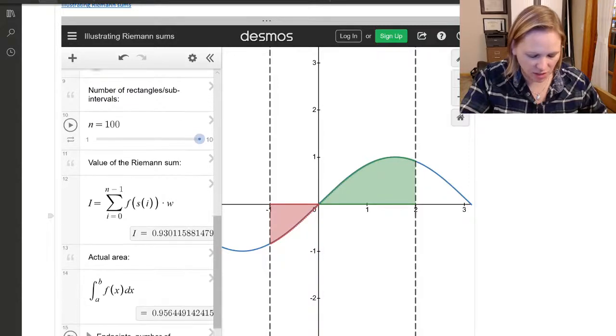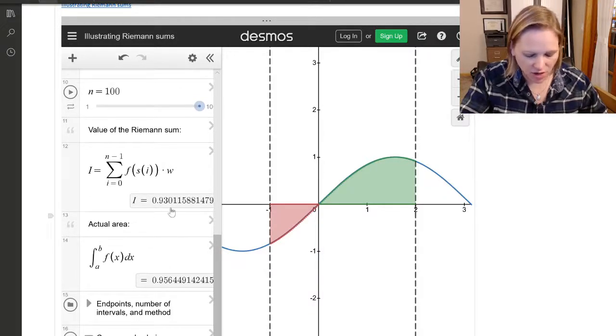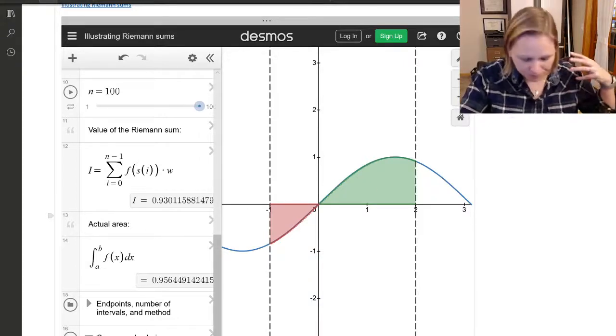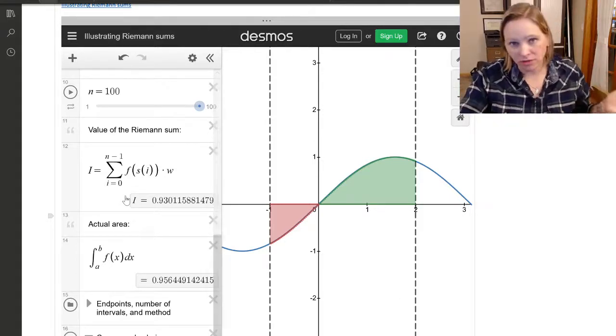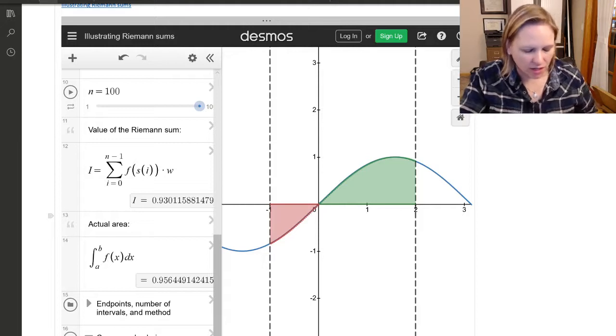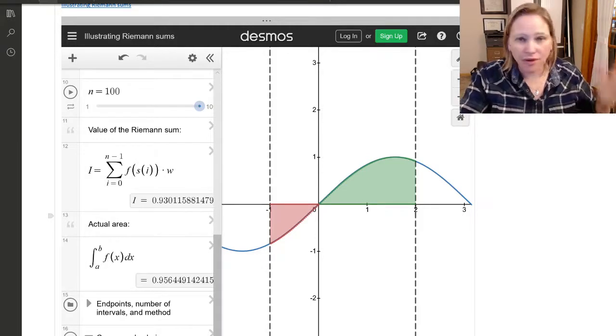Well, I go back to being not as accurate. It's an underestimate here because of the shape of the curve, with the increasing and the decreasing. But the idea is that if I increase my rectangles and use the midpoint, really, that's the best way to go, I can get my Riemann rectangle MRAM sum to be really close to the actual area.